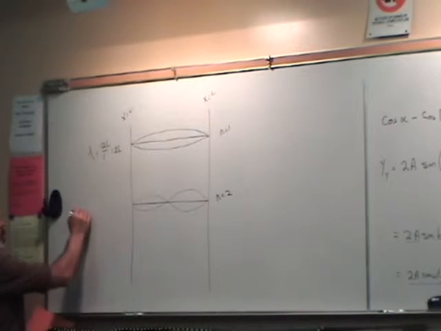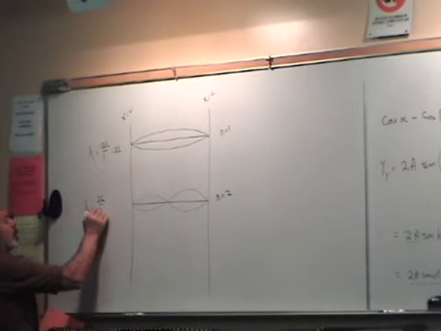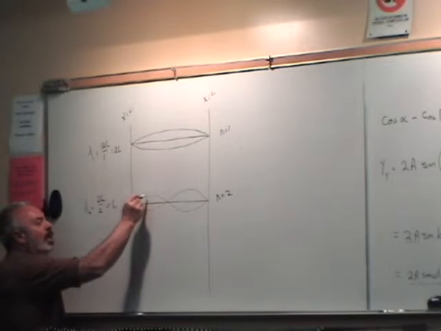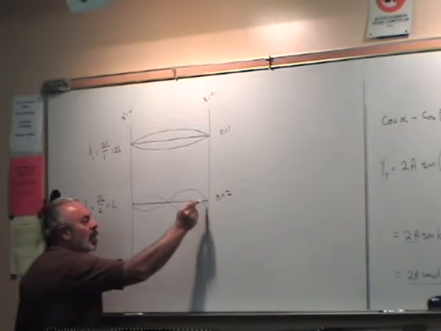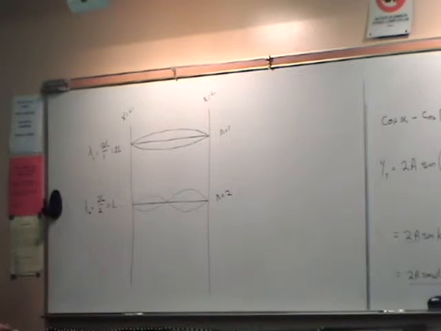And in this case, of course, lambda sub 2 is going to be 2L over 2, which is L. I'm claiming that the wavelength is the length of the string. Yes, it is, because this is one sine wave here, or this is one sine wave moving in the backwards direction. So you do have it.